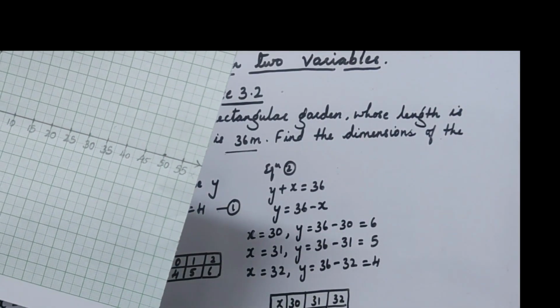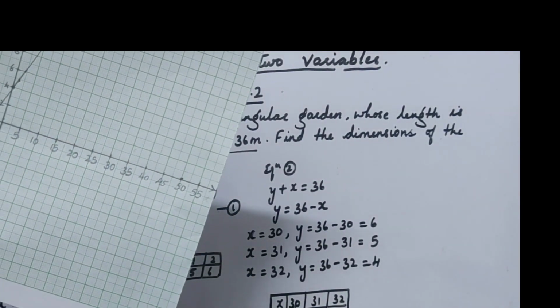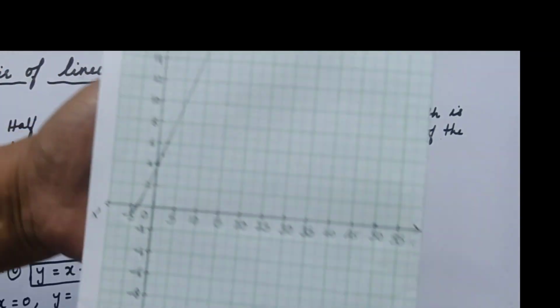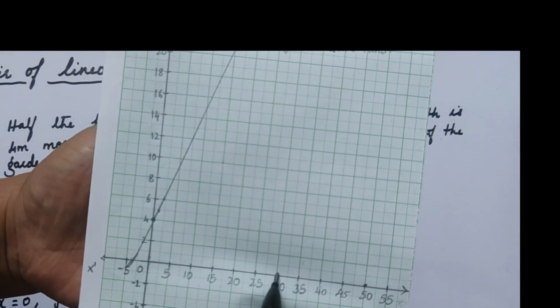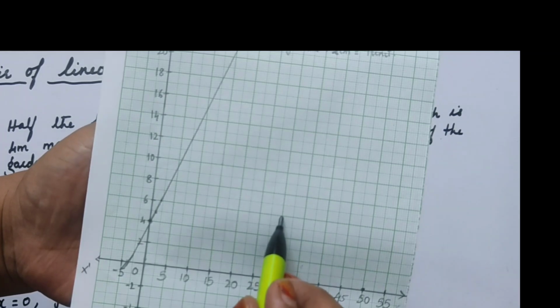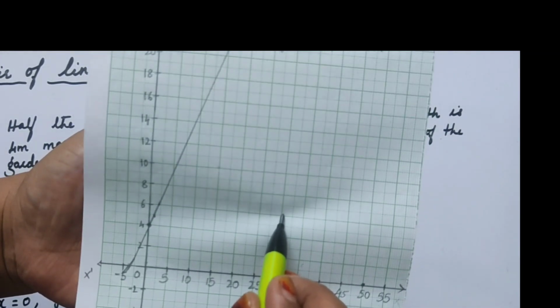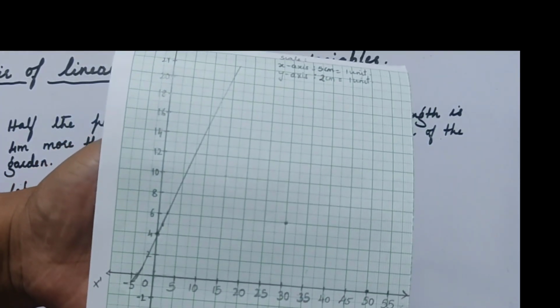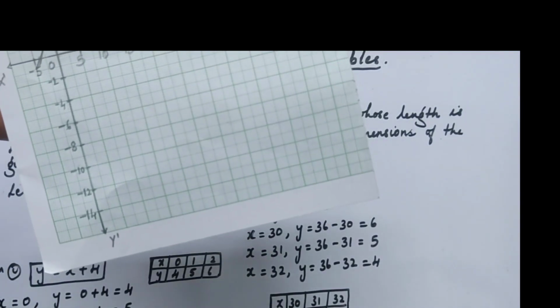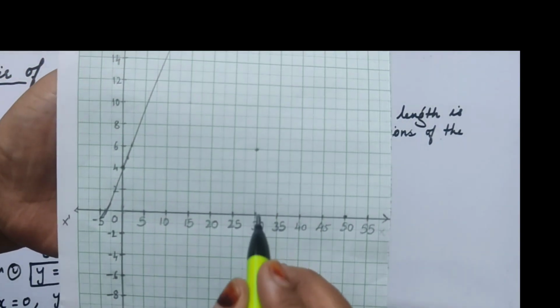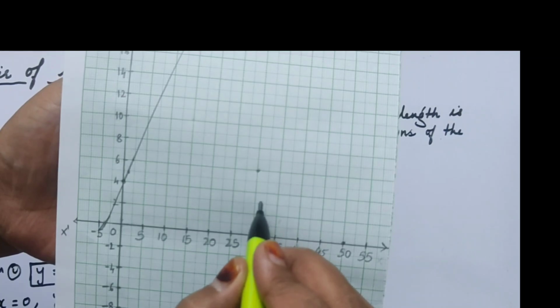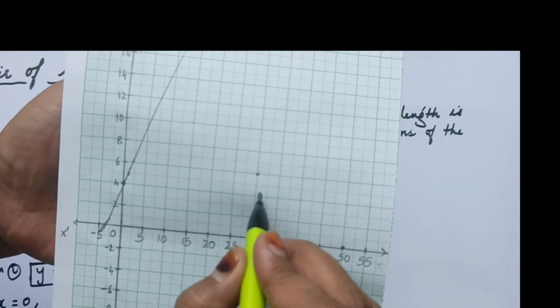Now we'll go to the second solution table. 30 and 6. 30 is on the x-axis and 6 is on the y-axis. I got the point here, 30 and 6. Okay, 31 and 5. 31 is 2 divisions and 5 is here.